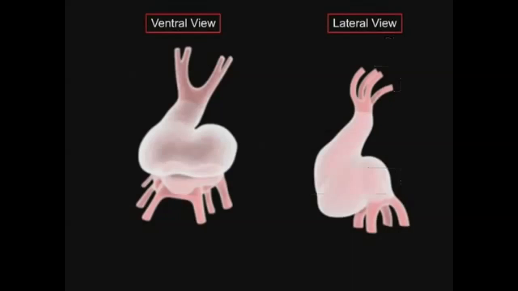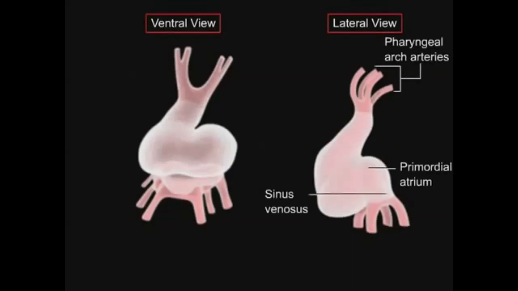All veins are collecting to this sinus venosus, the part which directs the flow of blood to the primordial atrium. So we see that the atrium in this stage is from the backside and ventricles are from the anterior side.